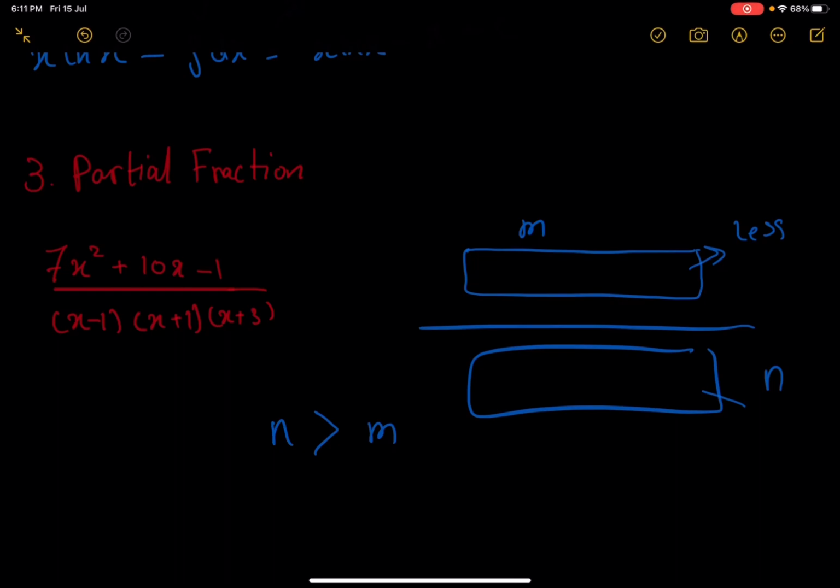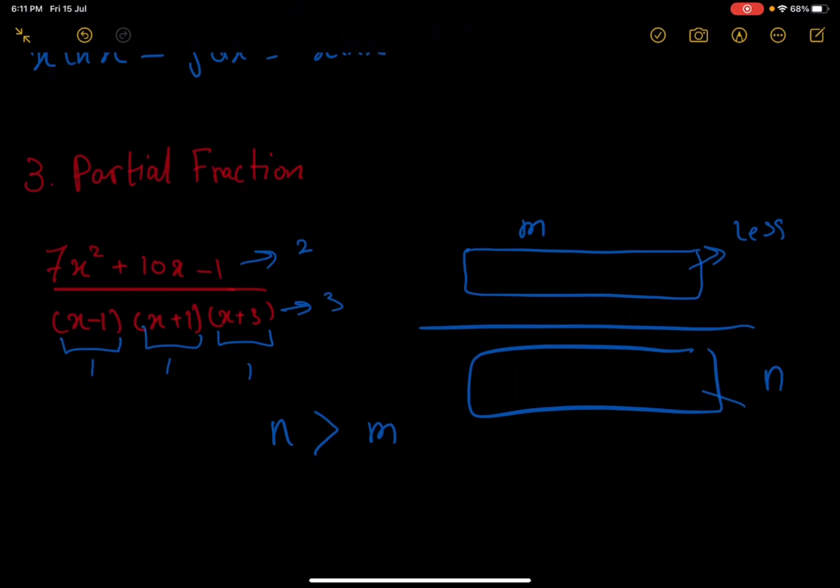So let's check our example here. As you can see, this polynomial has a degree of 2. However, this one is 3. Why is this one 3? You might say the first bracket is 1, the second is 1, and the third is 1 as well. So how are we getting 3? Those are multiplied by each other.